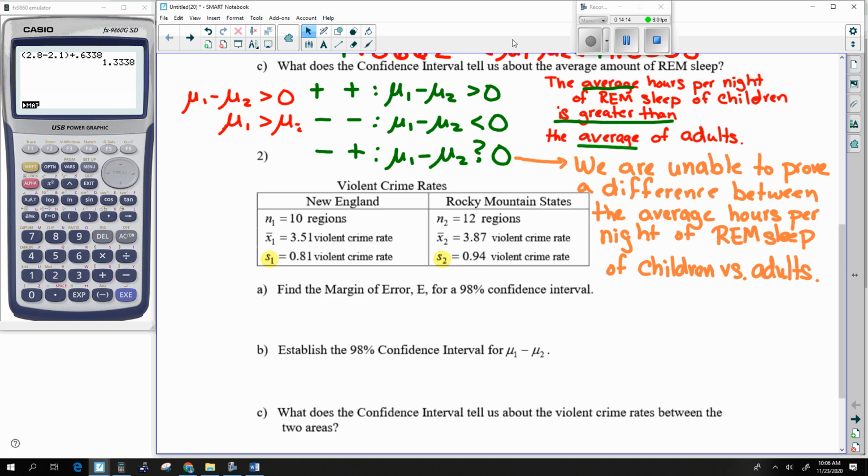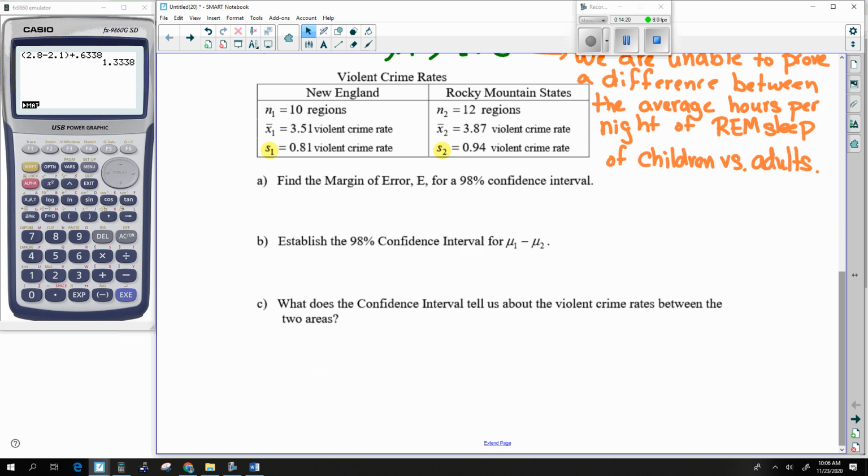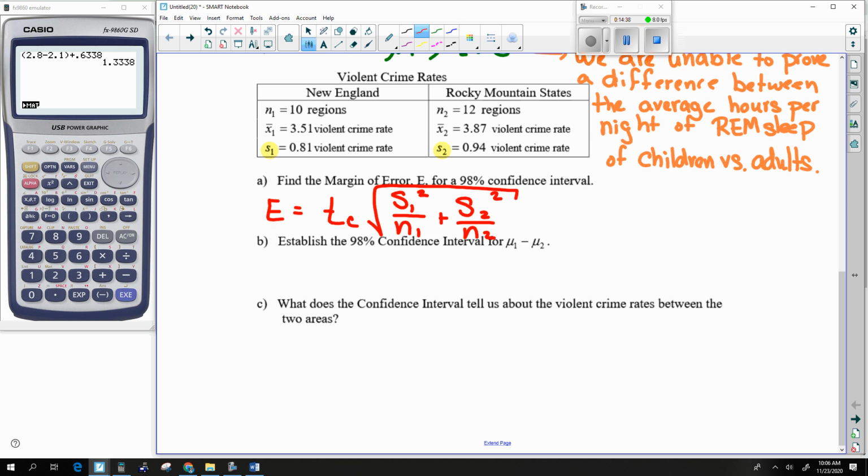Again, we'll obviously talk about all of that, and so here we go. I like to start off with formulas. The margin of error, in this case, because we have s's, is going to be TC times the square root of S1 squared divided by N1 plus S2 squared divided by N2. Almost the same thing, just with a TC.